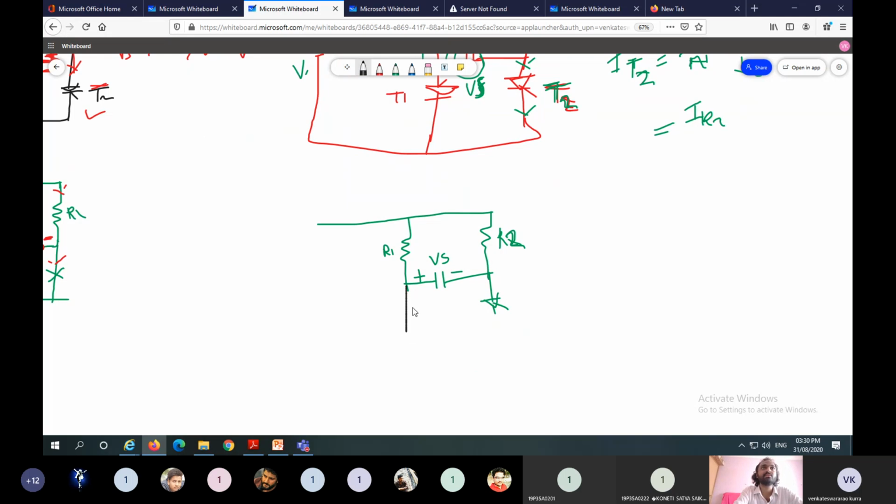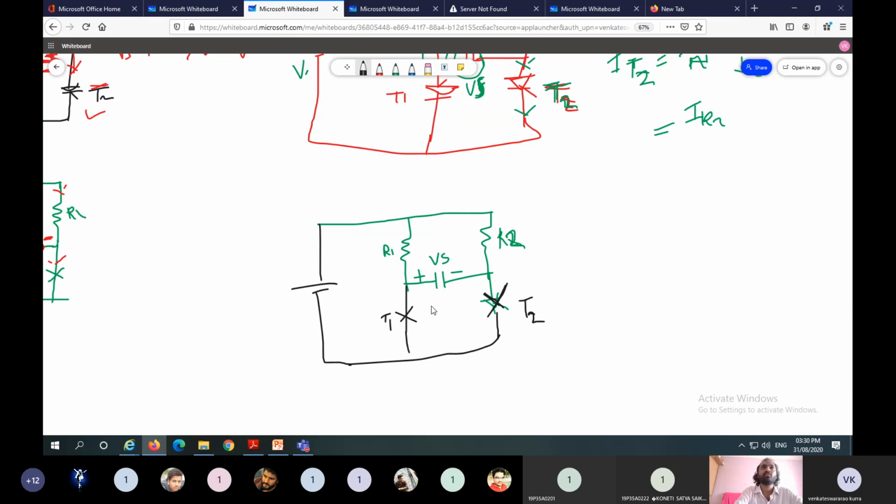If you trigger T1, it acts as a short circuit. Before triggering T1, T2 is in on state.